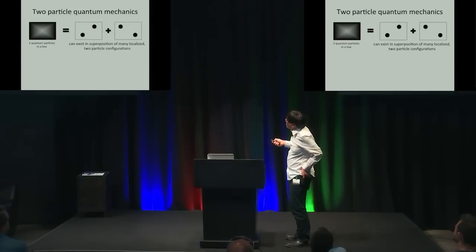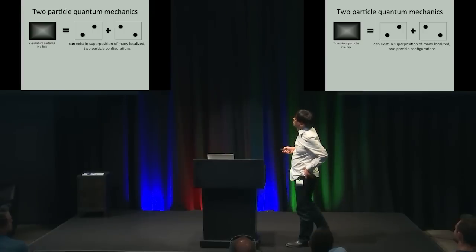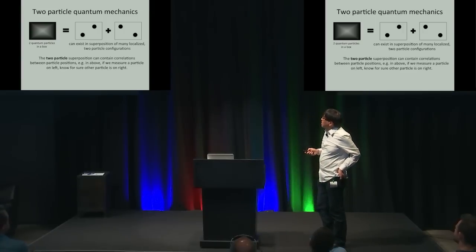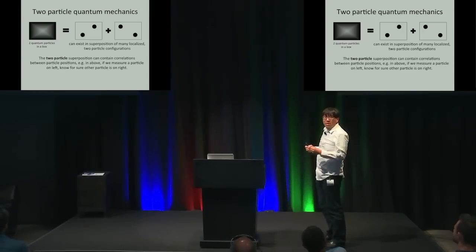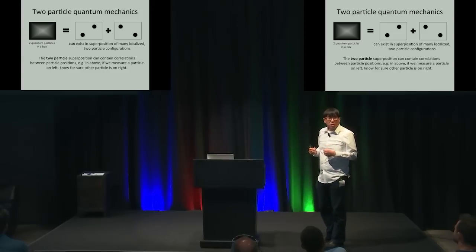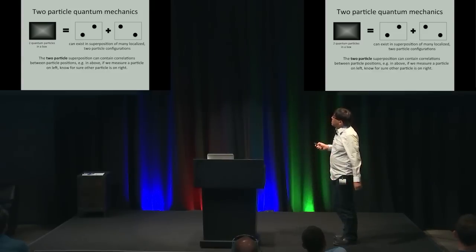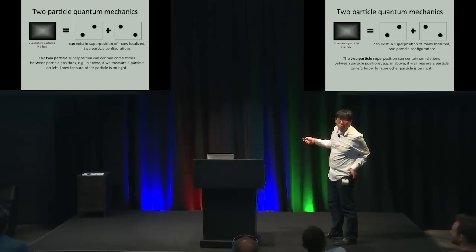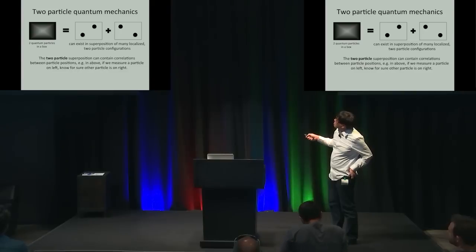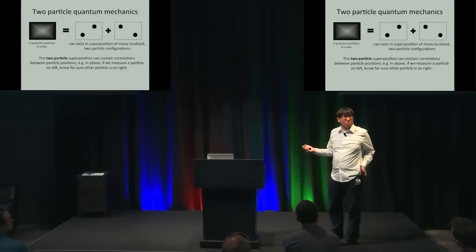Now the interesting thing about this particular mixture of positions is that it actually has what we call a correlation between the particle positions. In other words, if I just look at these two as a set of possibilities for what the system's doing, you'll notice that if I make a measurement and I see a particle on the left-hand side of the box, then you will know, because the system's only made of these two possibilities, that there will always be a particle on the right-hand side of the box.